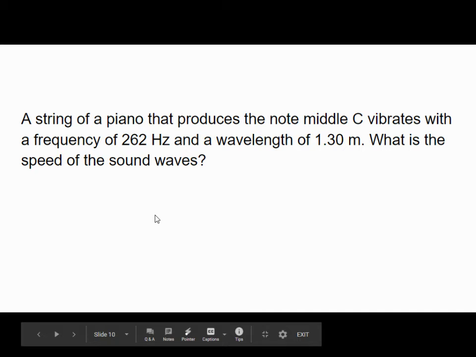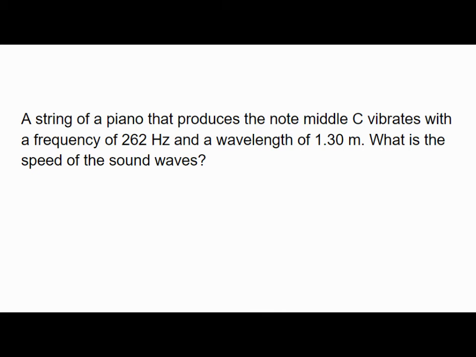So if we're looking for this, we're multiplying 262 hertz, which is our frequency, times 1.3. That's our wavelength. Wavelength's always measured in meters. And that's our speed.